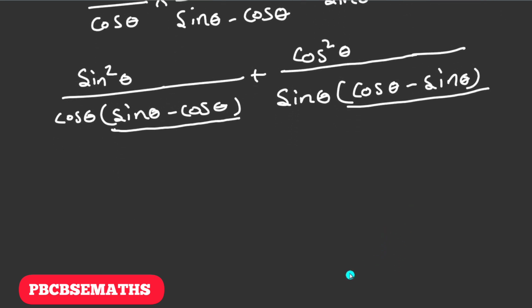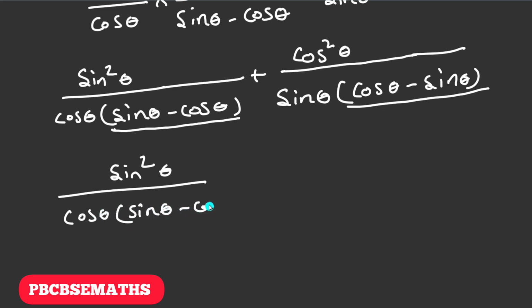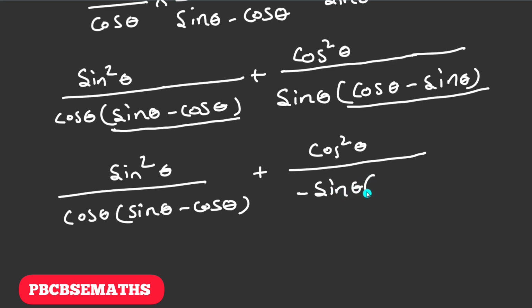Then we can write this, keeping the first term as it is, sin square theta divided by cos theta and bracket sin theta minus cos theta, then plus cos square theta as it is, whole divided by minus sin theta in bracket, then we are left with sin theta minus cos theta.